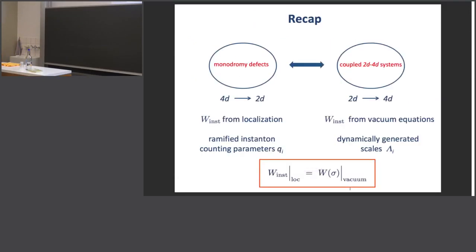So let me pause for a moment and make a sort of summary of what we have seen so far. We have seen this 2-dimensional surface defect in 2 different ways.